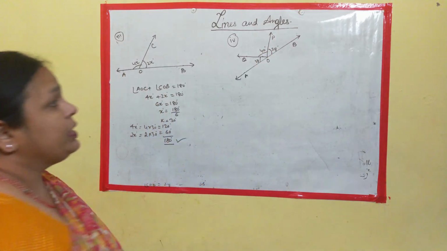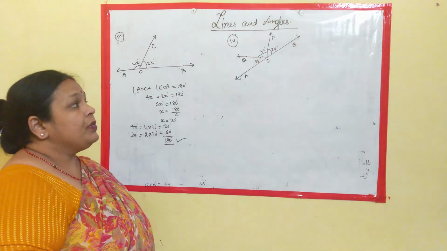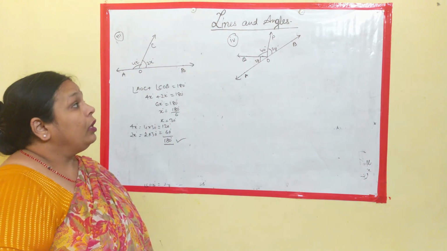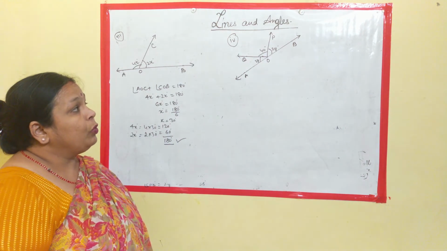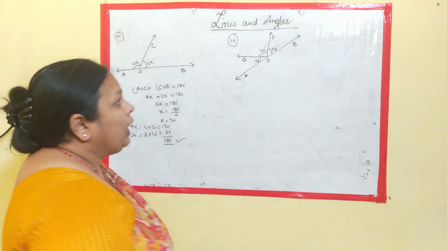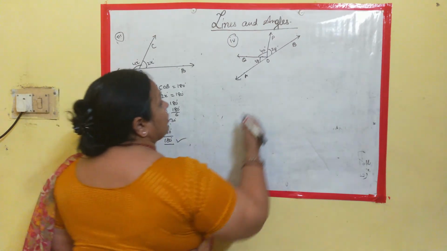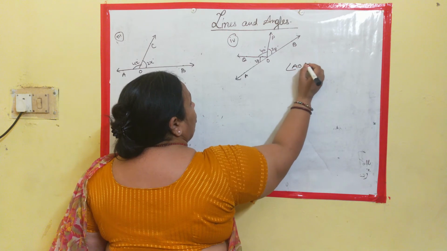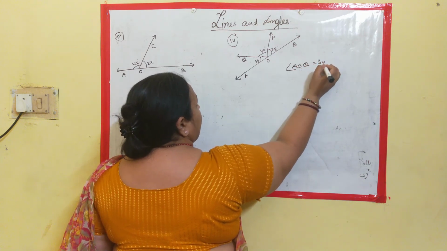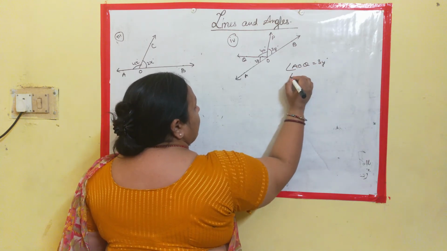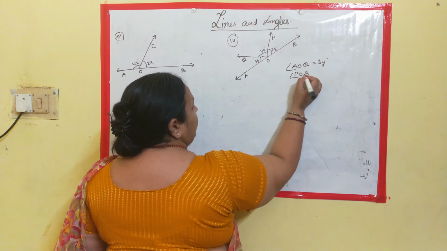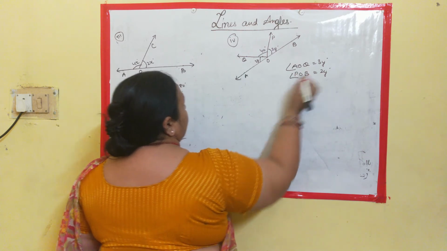So this seems to be the same as our first example. Clear? We need to find the value of AOQ and BOP. AOQ is 3y, and POB is equal to 2y.